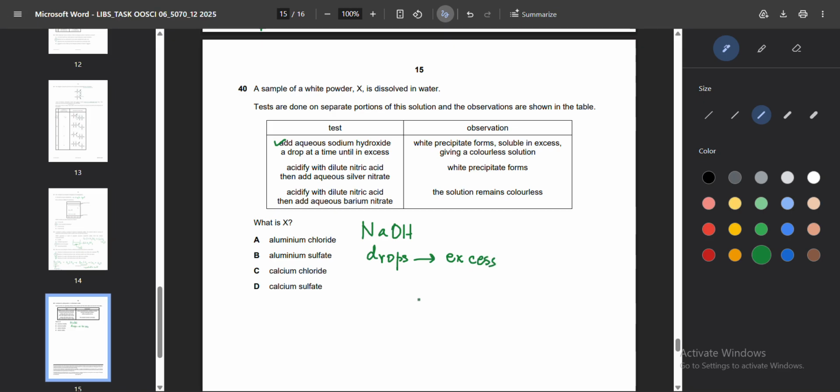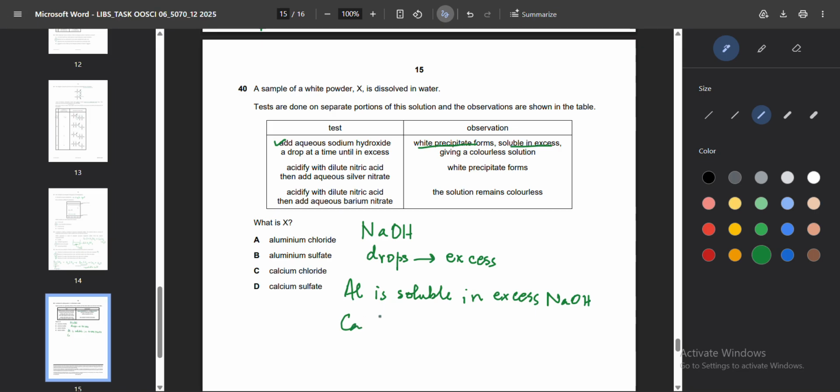Okay, so white precipitates form, which are soluble in excess. So what can it be? We know that aluminium is soluble in excess sodium hydroxide. But the other option, see the options, is aluminium or calcium.